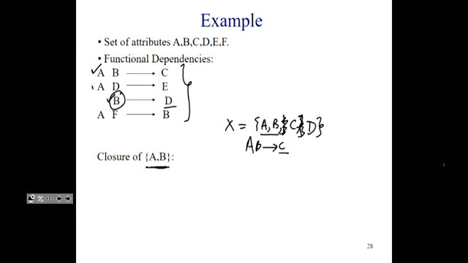AD implies E. Yep, so A and D are both present in X, E is not present in X, so I have A, B, C, D, E. Anything else? No, right? The only functional dependency that I have not touched so far is AF implies B. I can't apply that because F is not in my set. So that's it. That's the convergence.